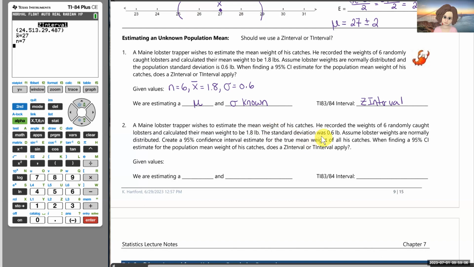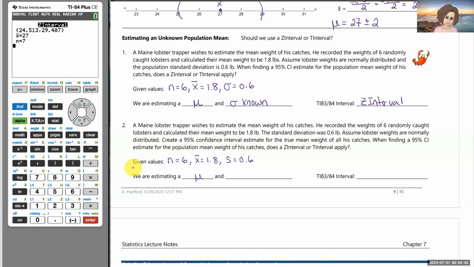It says, and past tense there kind of indicates this as well, for the 6 lobsters, the standard deviation was 0.6 pounds. All right, so in this case, we would have our sample size, our sample mean would be the same. But now that standard deviation is for those 6 lobsters.